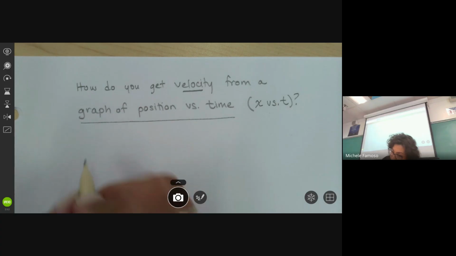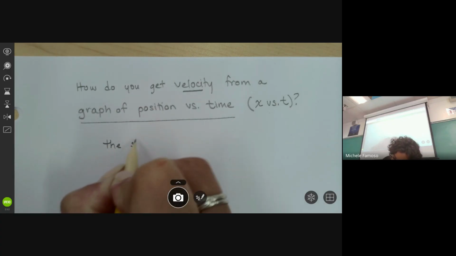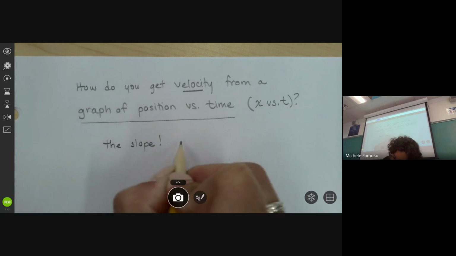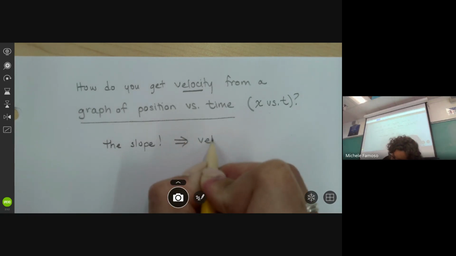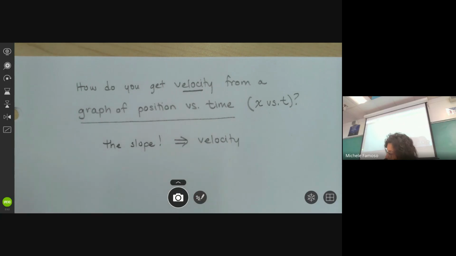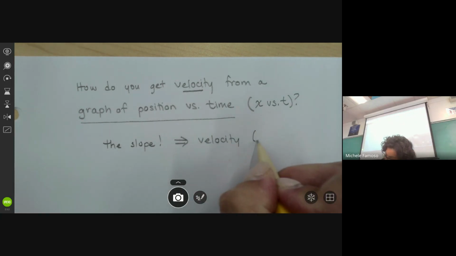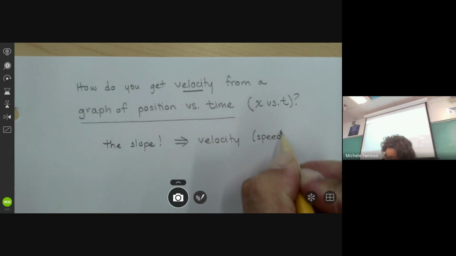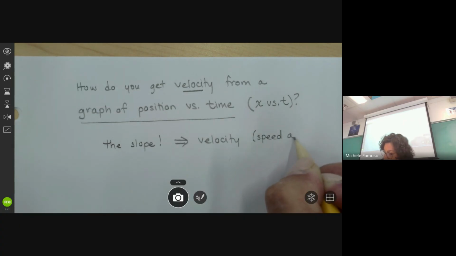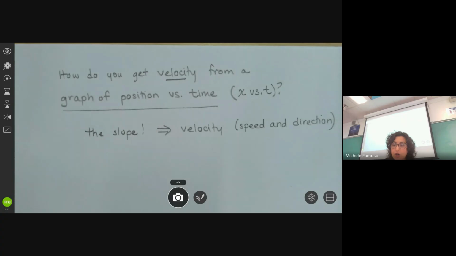The slope. It's the slope. The slope is our velocity, which again means it's going to tell you how fast you're moving, your speed, and it's also going to indicate to you which direction you're moving in. What direction are you headed? All right, so let's do some patterns.